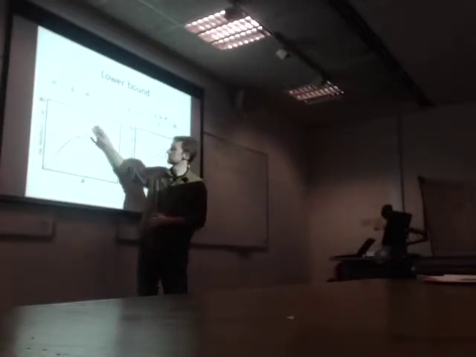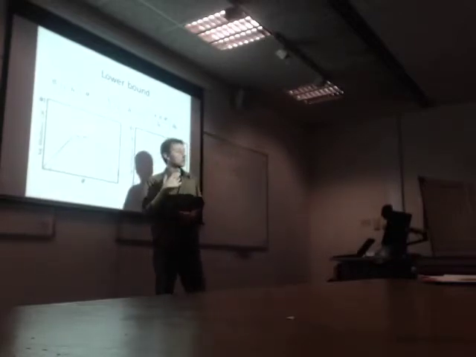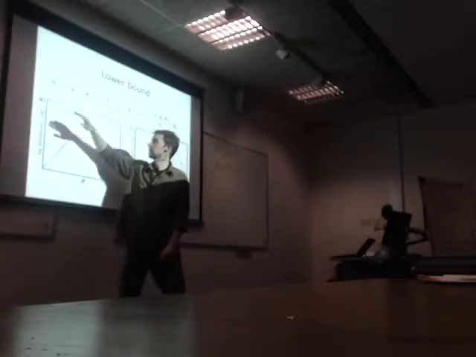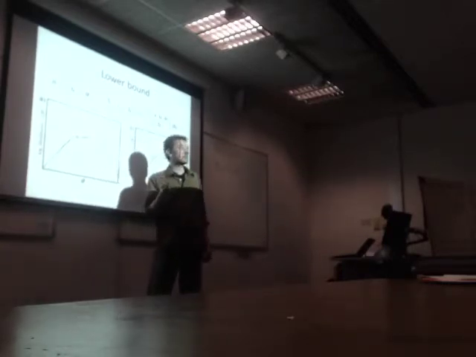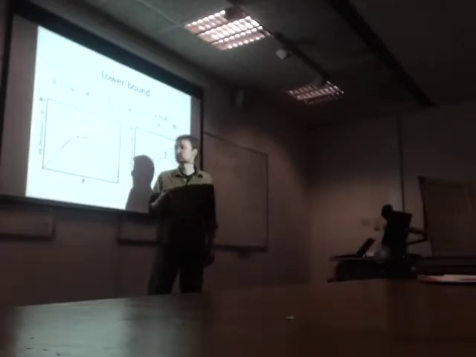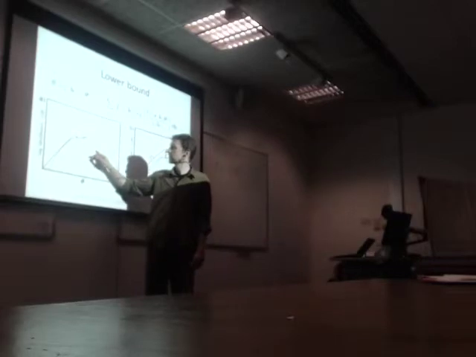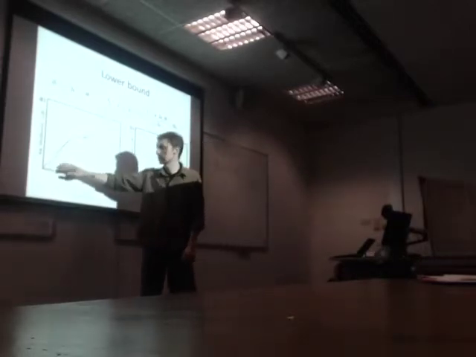Because we don't have it, we instead talk about the lower bound. This is this b function. The b function is saying, I don't know what the shape of L of theta is, but at any time, the lower bound on the log likelihood of theta is this somewhat simpler shape.